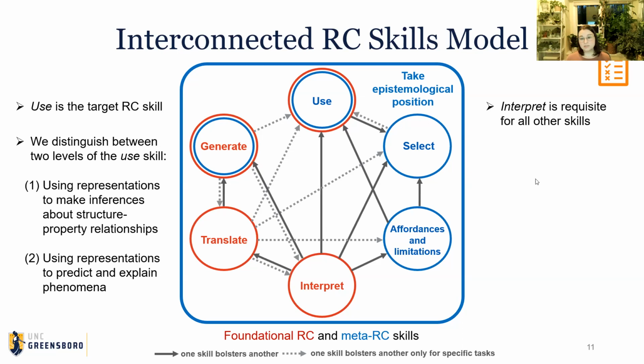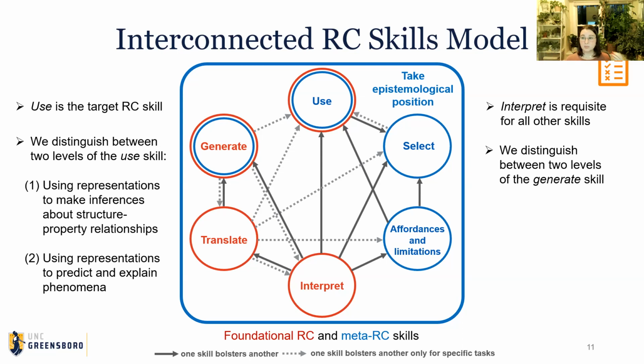We also distinguish between two different levels of the generate skill. The lower level generate skill represents somebody being able to accurately reproduce a learned representation. So for example, to be cheeky here, I can teach reaction coordinate diagrams in my classroom, and I expect that my students are then able to draw a correct reaction coordinate diagram for a particular reaction, right?